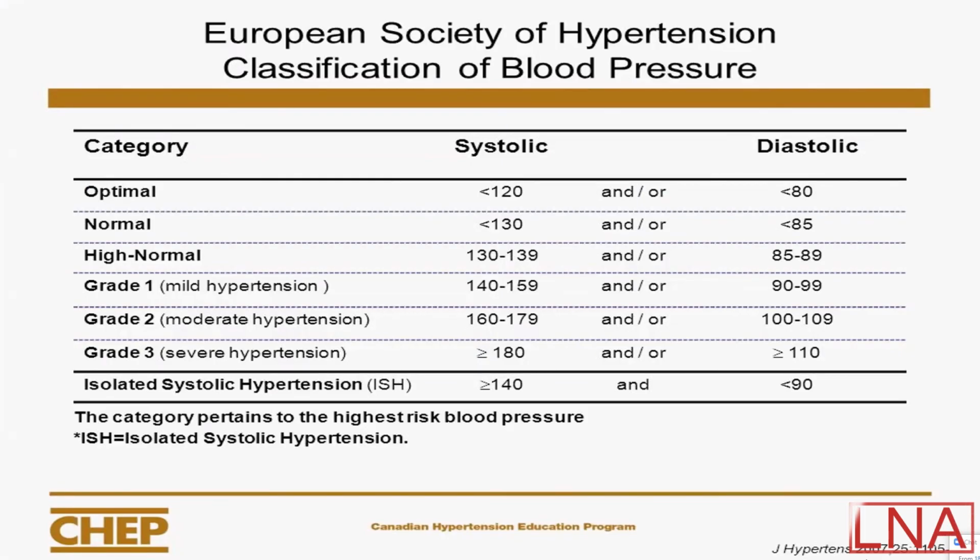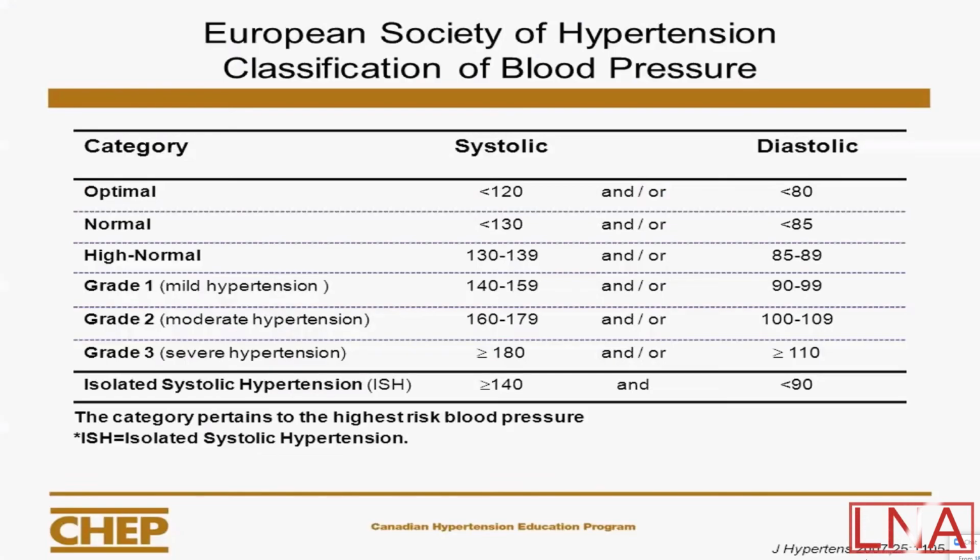European Society of Hypertension classification: optimal level is less than 120 and less than 90 hmm, normal is less than 130 and less than 85, high normal pressure from 130 till 139, and diastolic from 85 till 89.